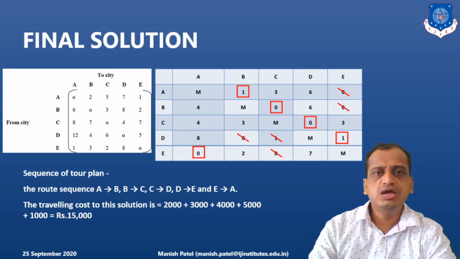And he has to minimize the traveling cost. So based on this cost matrix, we will apply the Hungarian method with the help of row minimization, column minimization, and finally we will assign the jobs, or you can say the route, to the traveling salesman. Once we have assigned it, we will check if the solution is optimal.